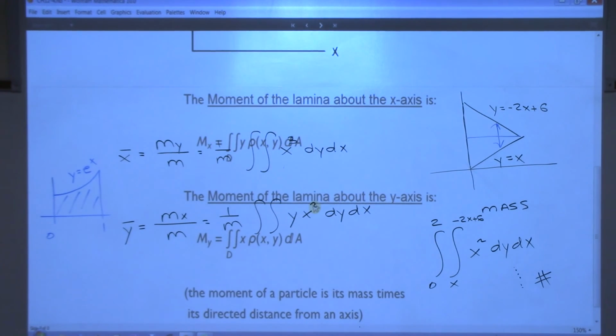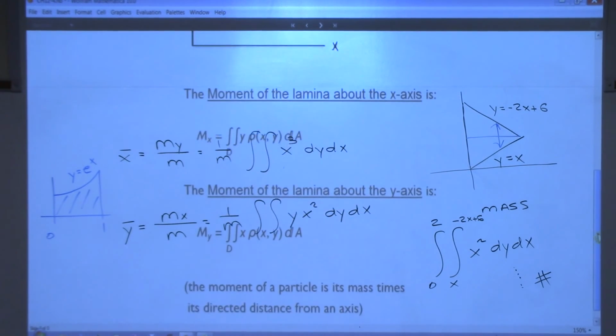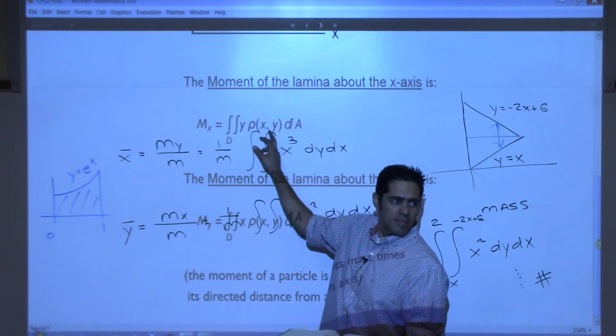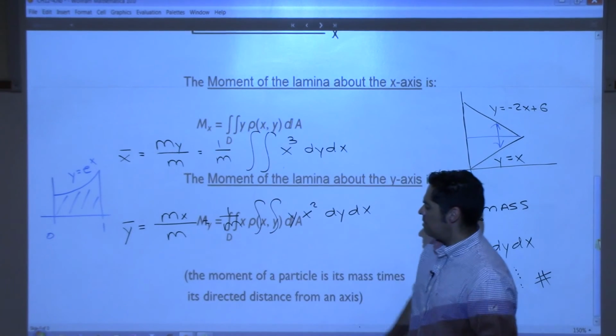The moment equations are correct. Does that match what you have on your notes? The moment equations, there they are. So the moment of the lamina about the x-axis is y times the density function. Moment about the y-axis, x times the density function.